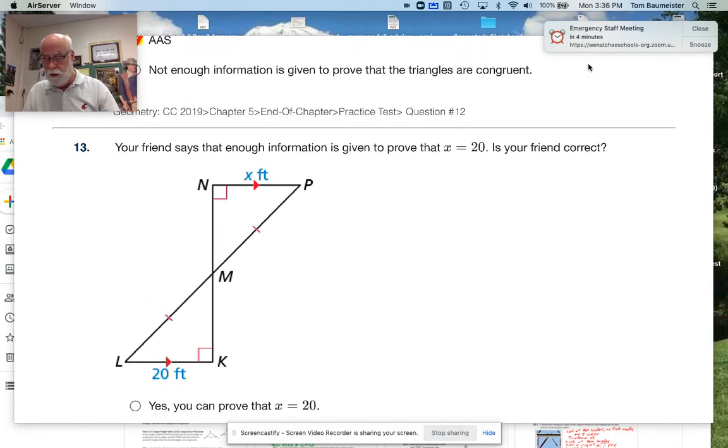Okay, number 13, your friend says that enough information is given to prove that x is equal to 20. Is your friend correct? Well, we have a side here that we say is 20. This one we're not sure of, but we do have this length here and this length here are the same. And remember, we know that vertical angles are congruent.